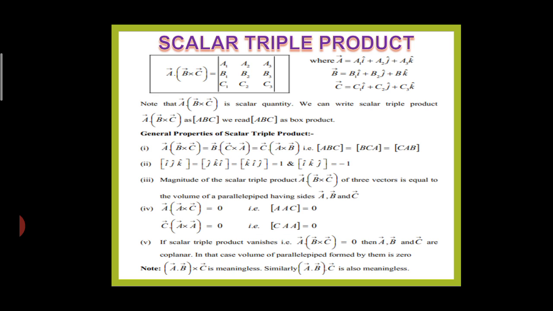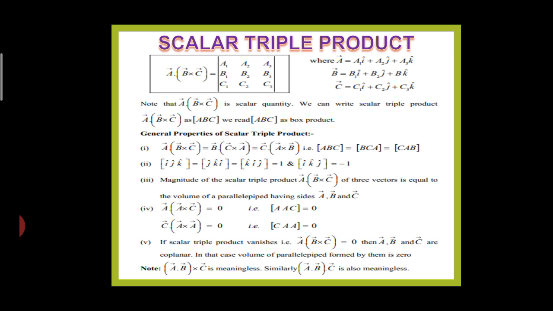So these are the general properties of the scalar triple product. First, a dot (b cross c) is equal to b dot (c cross a) is equal to c dot (a cross b). So the box product abc is equal to bca is equal to cab.